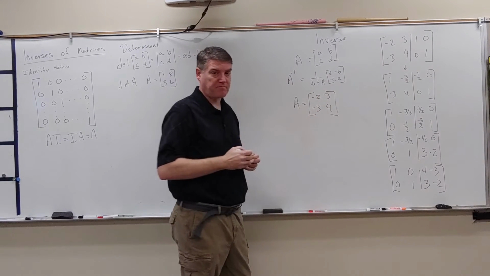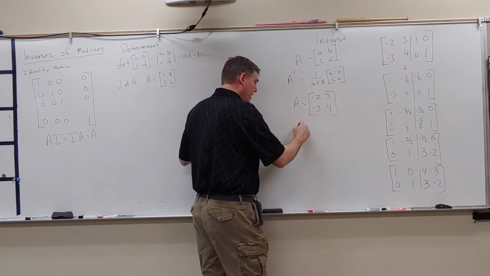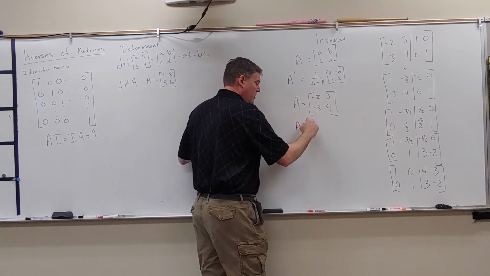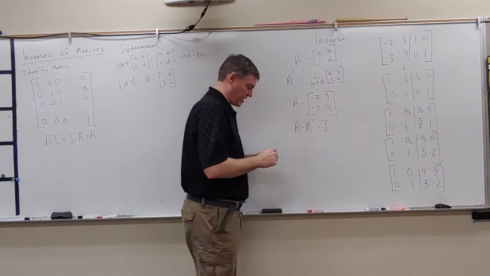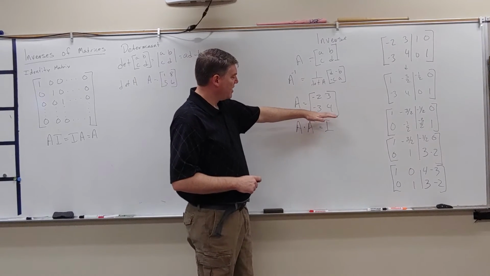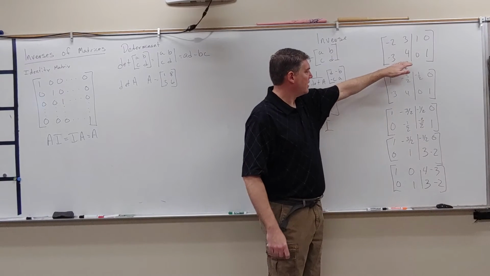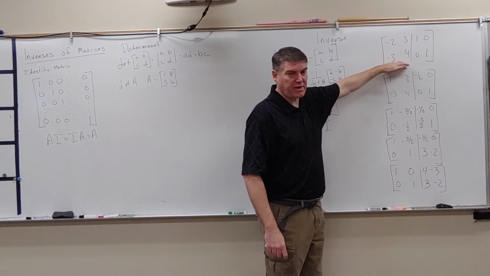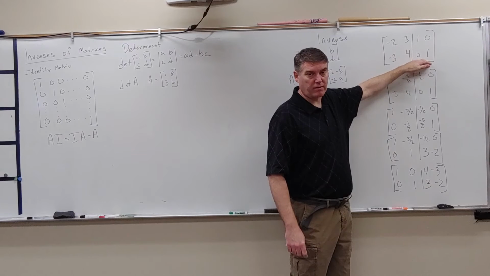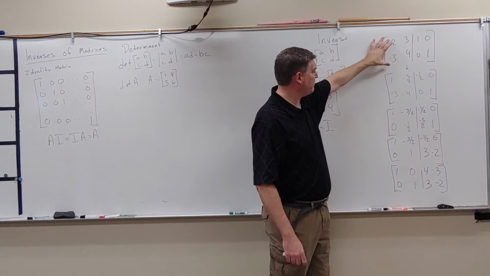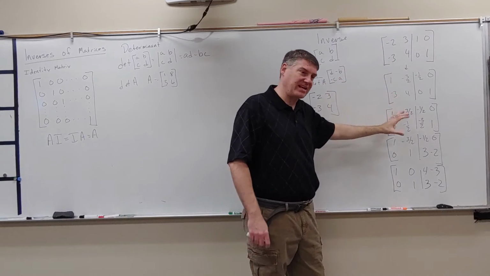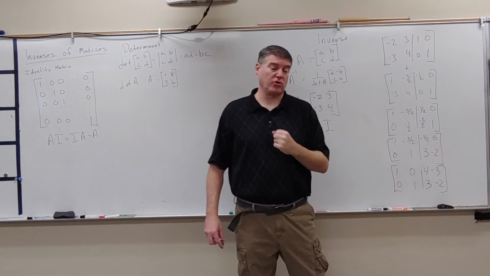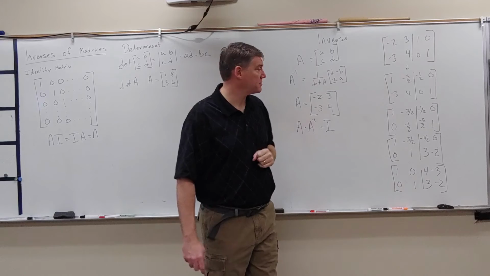There's my matrix. Okay? So if you remember, A times A inverse is going to give me the identity. And so I'm going to take my matrix here, here's my original matrix, here's my identity. Okay? And so I'm going to make the left side of that the identity, and the right side then is going to be my inverse.